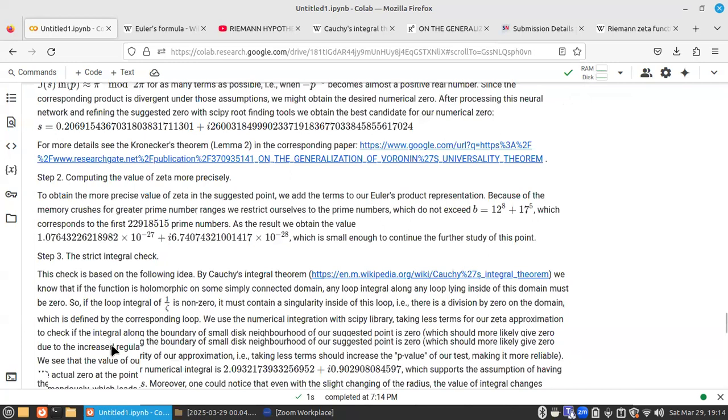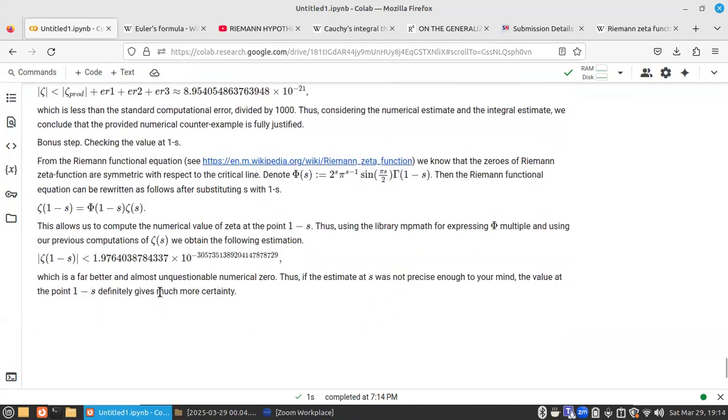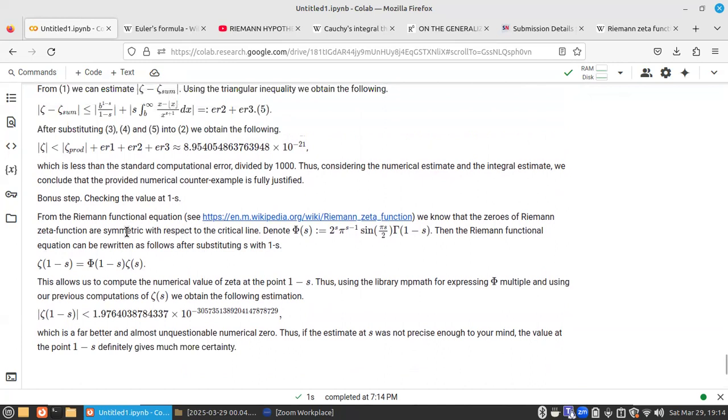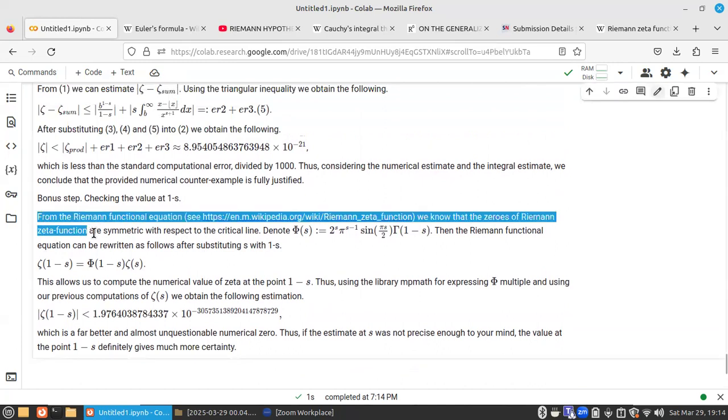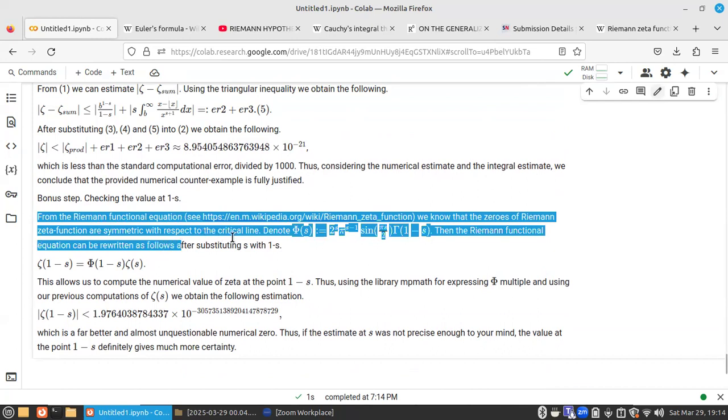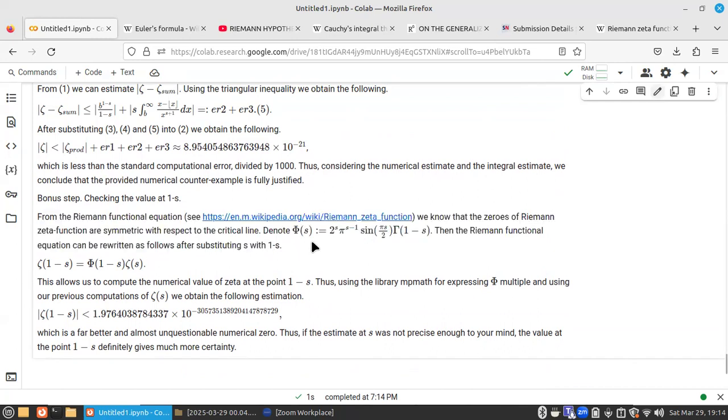And for the bonus step, we would like to check the symmetrical brother of the suggested S, and the value of the zeta in the point 1 minus S. It should be also a zero. So if we would have some problems with that, it would ruin our counterexample. But in our case, we are lucky, and our counterexample is well supported.